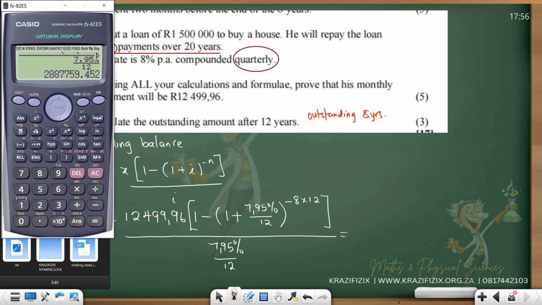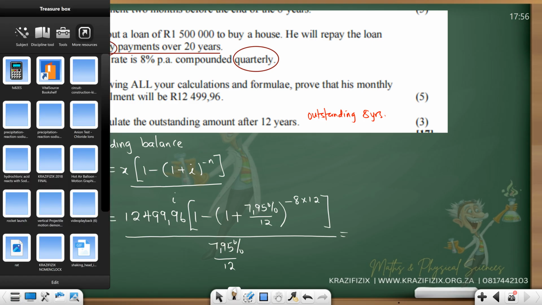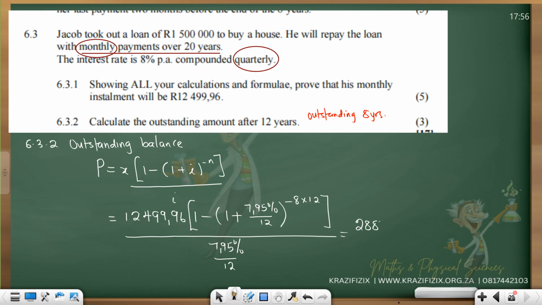And that would be our outstanding balance, 2887759. Are we okay? Talk to me. Are we okay? Once we get that interest rate, then we are good.